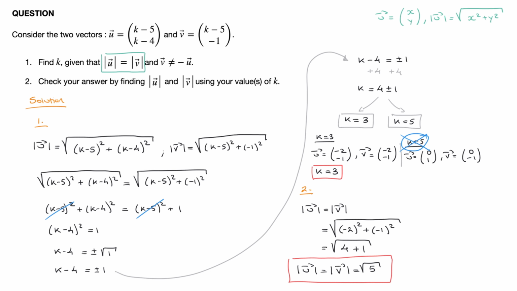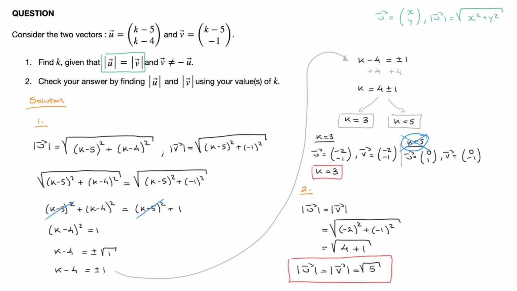We've now answered this IGCSE Extended Mathematics exam question on vectors. And let me say one last thing here. In this second part of the question here, we had to check our answers by finding the magnitudes of u and v. So the idea there was for us to check that the magnitudes of these two vectors were indeed equal. But in this particular example, given that the vectors u and v were equal, well, put simply, their magnitudes had to be equal.